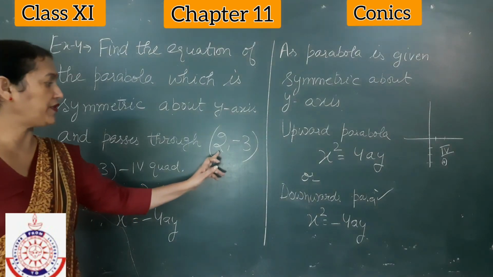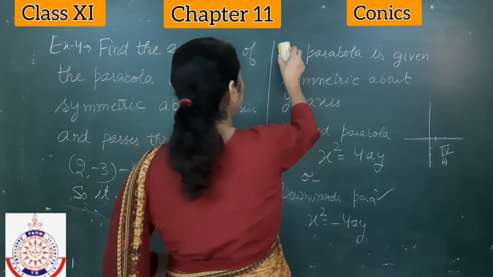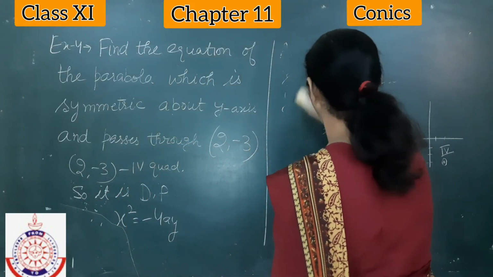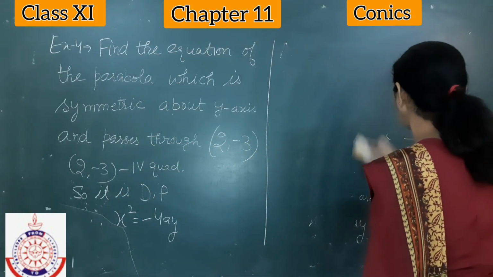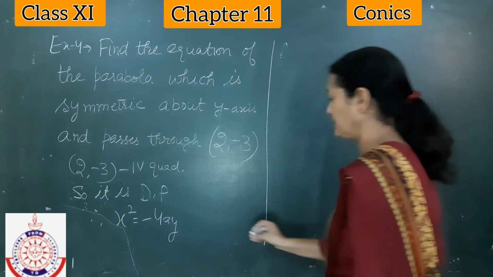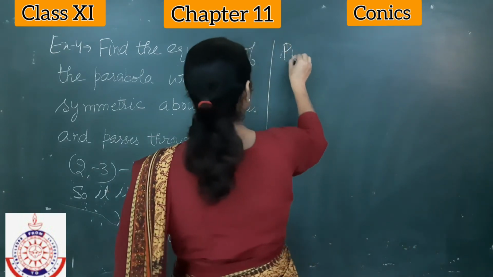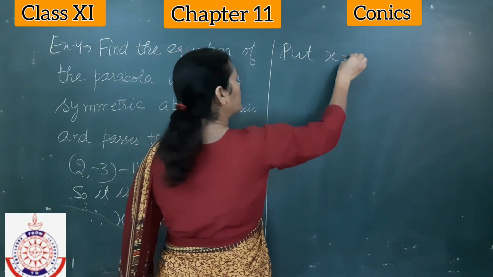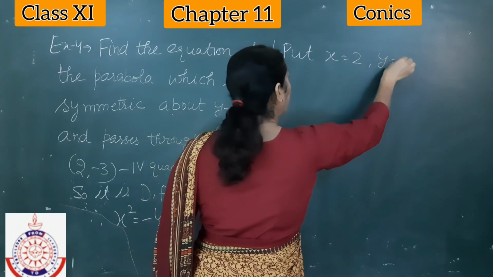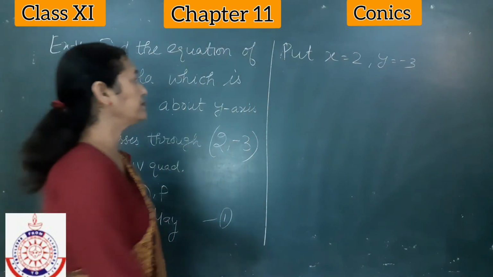Now, if you put the value of x as 2 and y as minus 3, we will be getting the value of a. Put x equals 2 and y equals -3 in equation number 1.